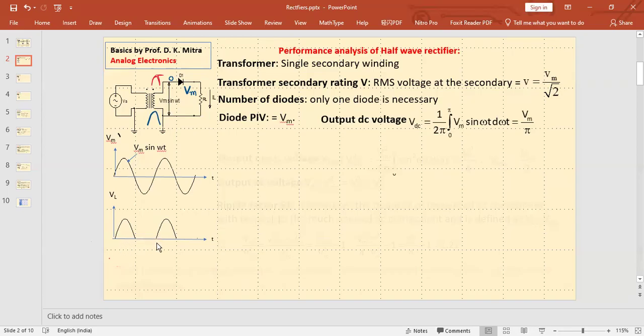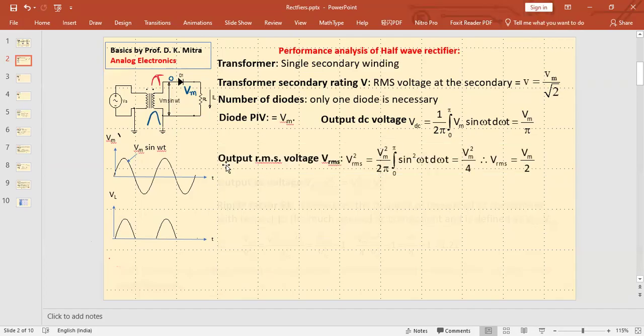So averaging will always be against 2 pi. So it is 1 by 2 pi times the integration of Vm sine omega t d omega t from 0 to pi, which becomes Vm by pi. So remember, if Vm is the peak value of the secondary, then the average DC you get is Vm by pi.